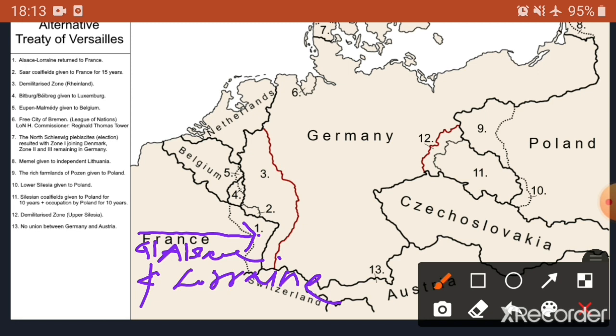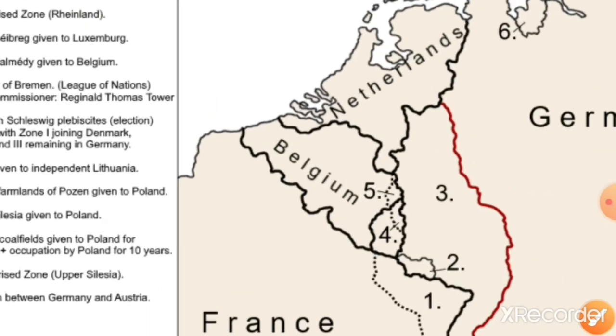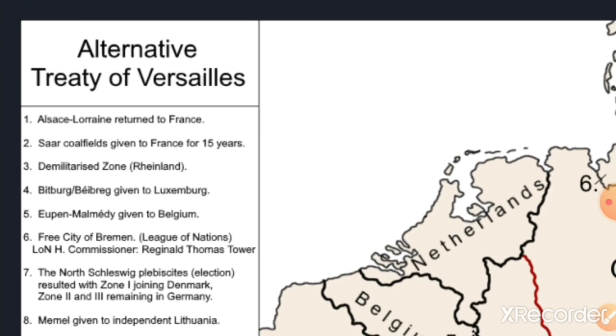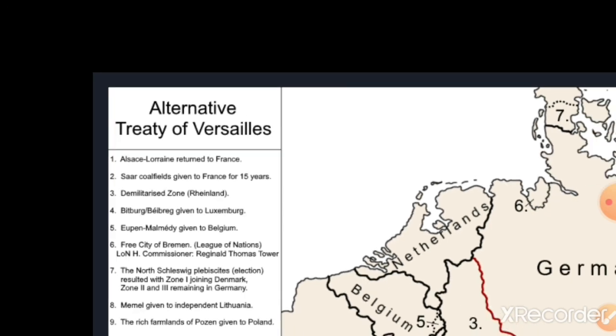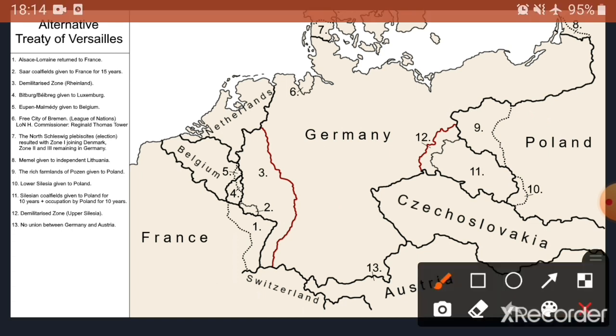Let us see the index again. Now the second item in the index is Saar, where the coal fields were given to France. Let's see now where it is. I'll just adjust. Question number 2 it is. That small area.